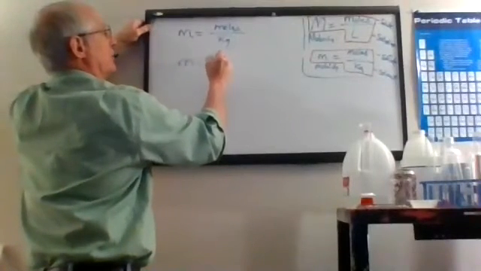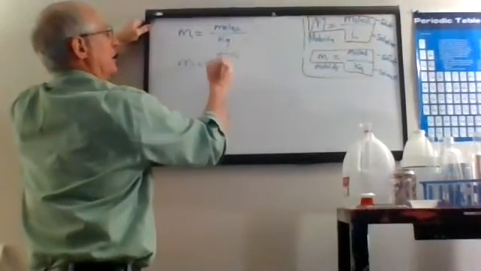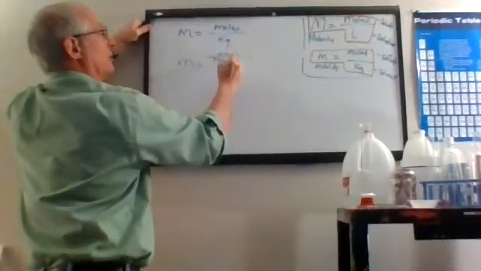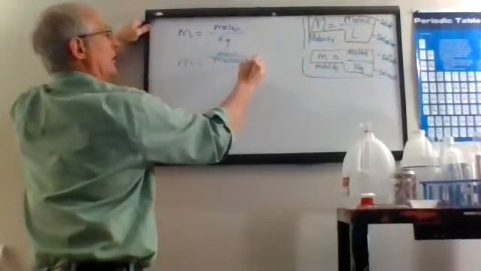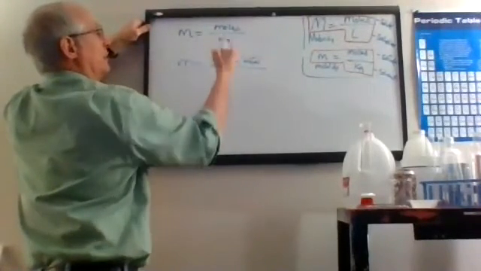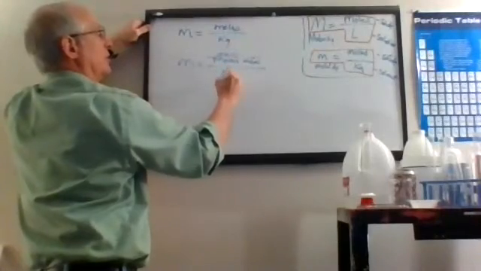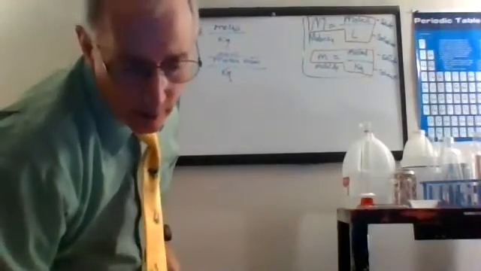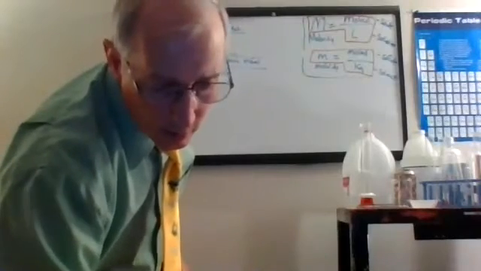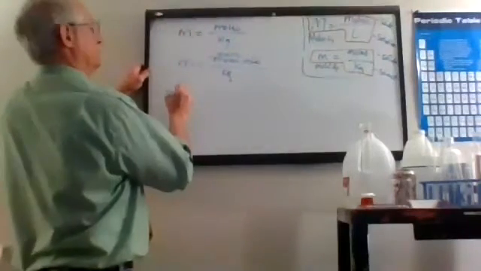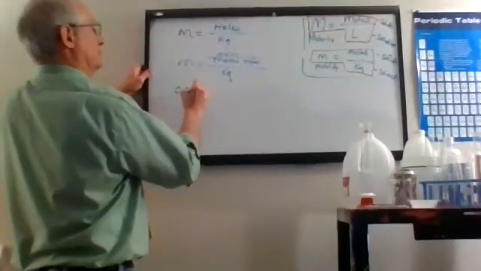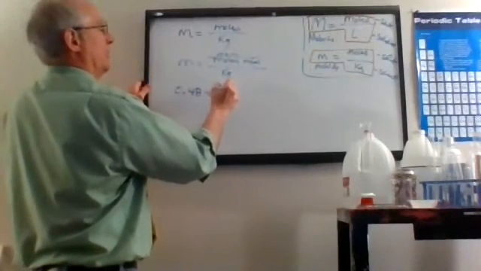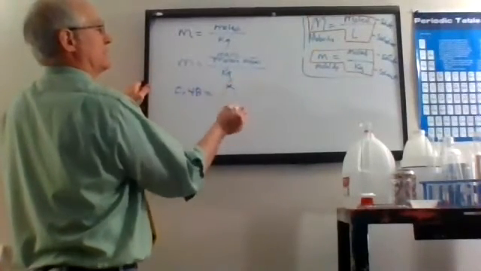Molality is the mass they give me, in this case unknown, divided by the molar mass, divided by kilograms of solvent. So the molality is 0.48. Mass is what I'm looking for. We'll call it X, because you guys like X's.